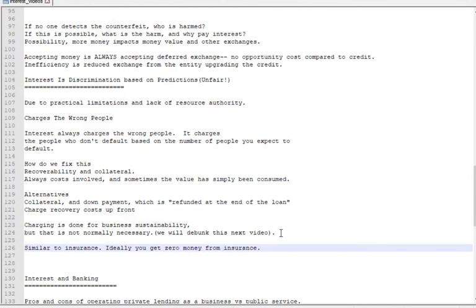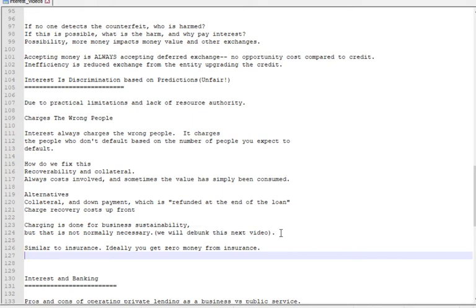So there are other practical areas with similarities, and there are alternatives. You could charge a down payment based on the cost of recovery, and then refund that amount at the end of the loan. When everything else is paid off, you just take that recovery cost and apply it to the rest of the loan.